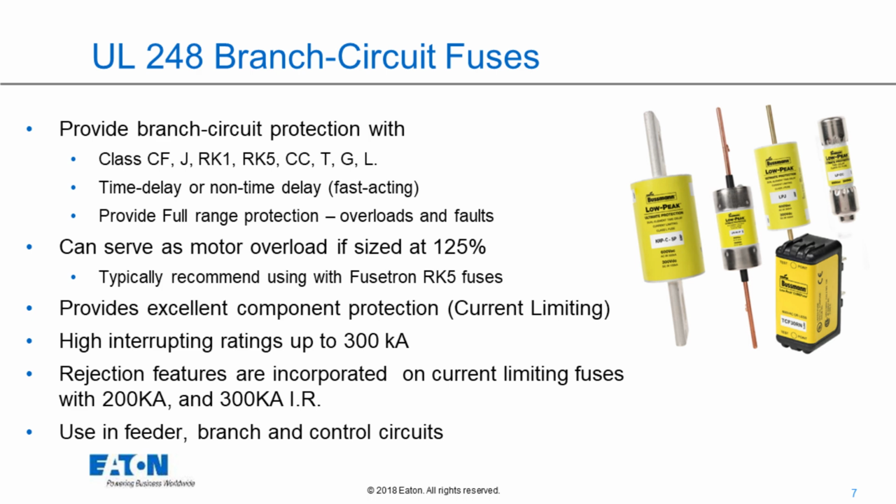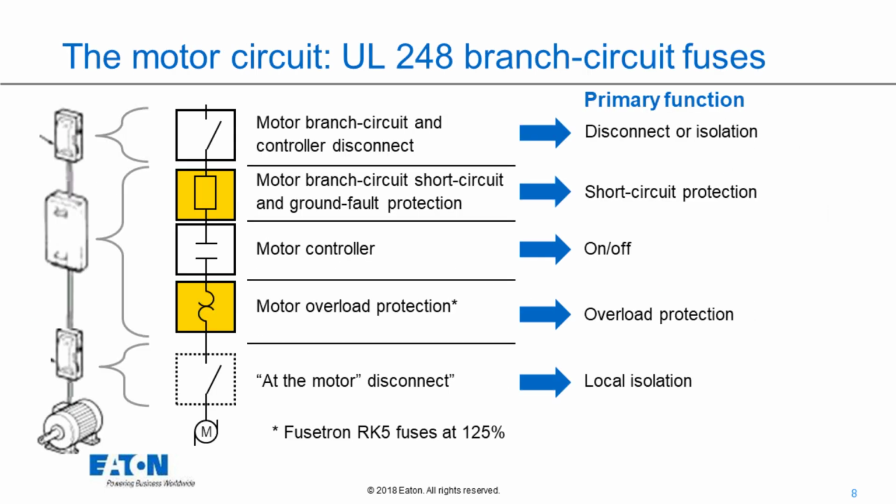So only a fuse with that notch will be installed, and those are all going to be Class RK1 or RK5 fuses. RK5s have an interrupting rating of 200,000. RK1 is 300,000. We can use these in feeders, branches, and control circuits.